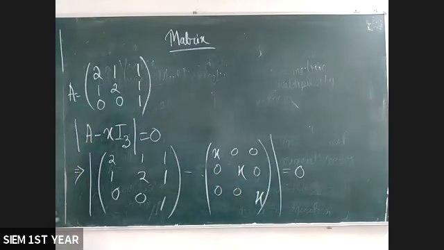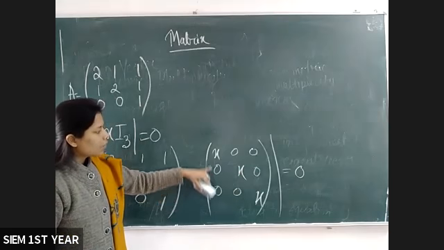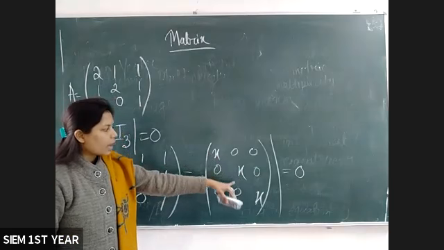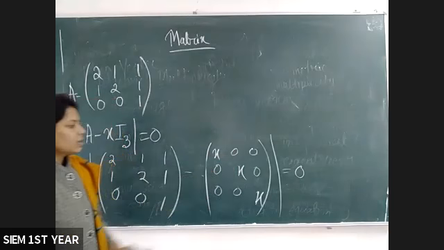I think it is clear to all of you. It is the property of a matrix that if you multiply any scalar with a matrix, you multiply this scalar with each and every term of the matrix. So look at this matrix carefully. The diagonal elements are equal to x, and the remaining elements are 0.